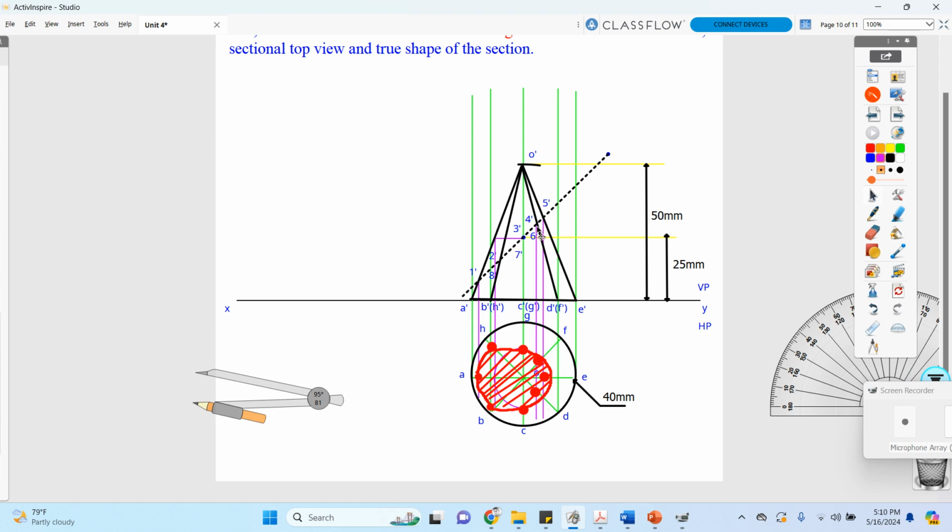That means from this point to this point is cut, this point is not available now. So when you look into that it looks like this.